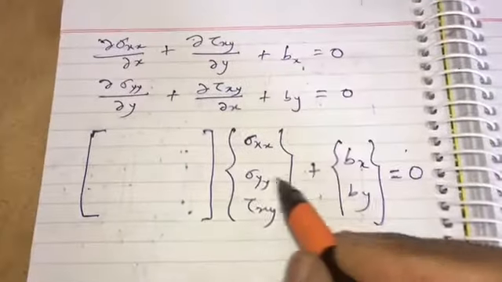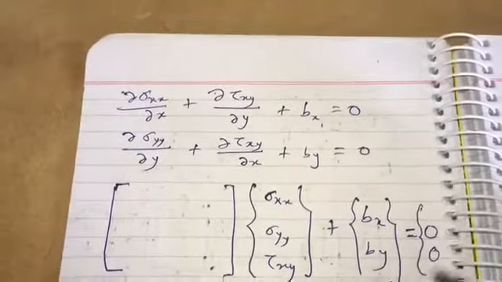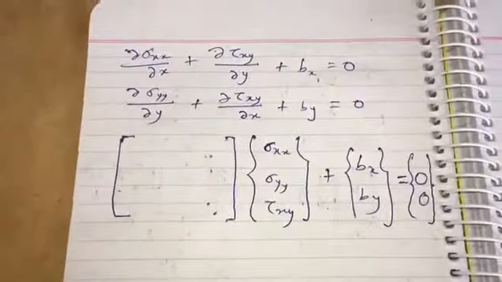Since there are two terms, we can also write it as a vector with 0 entries.